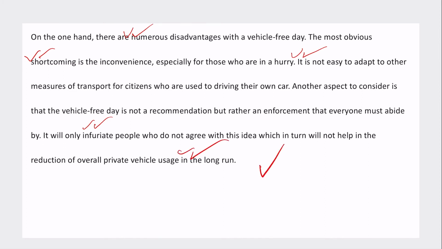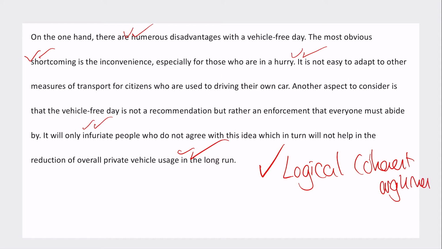What do I like about this? They've given me a logical, coherent argument. They have logically explained step by step why this reason supports their opinion, in detail. So they've given me the topic sentence: there are disadvantages.